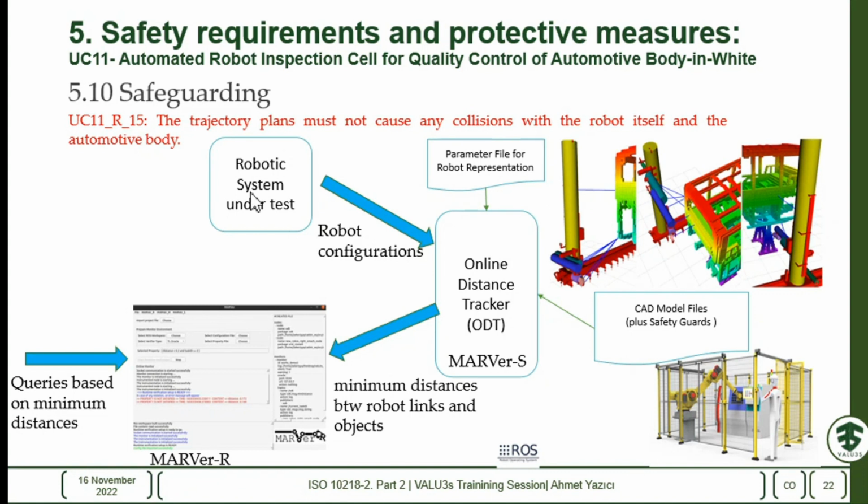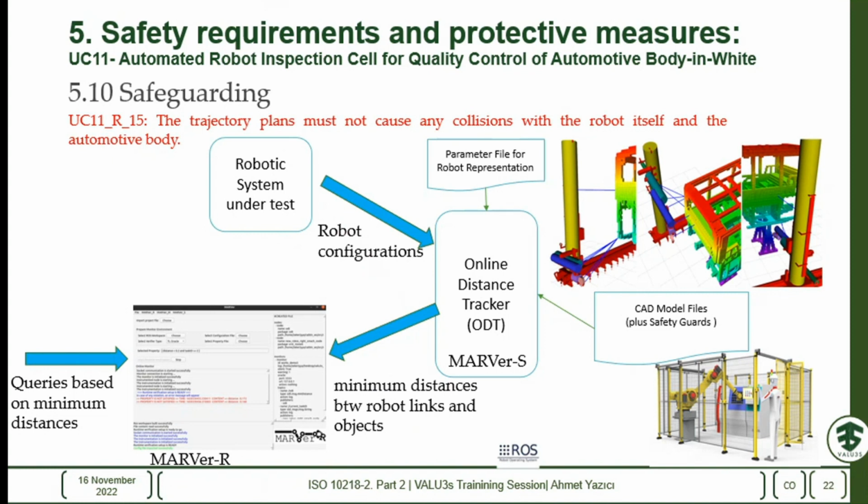It takes the robot system under test configurations, all the CAD files and CAD models from the robotic representation, the body in white, the CAD model objects in the environment, and all the safeguards. That is, everything other than the robot system.